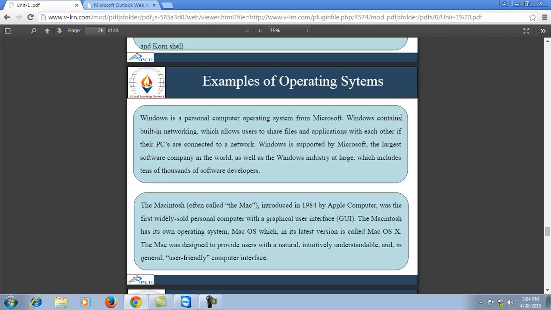Next one is Macintosh, often called the Mac, introduced in 1984 by Apple Computer.